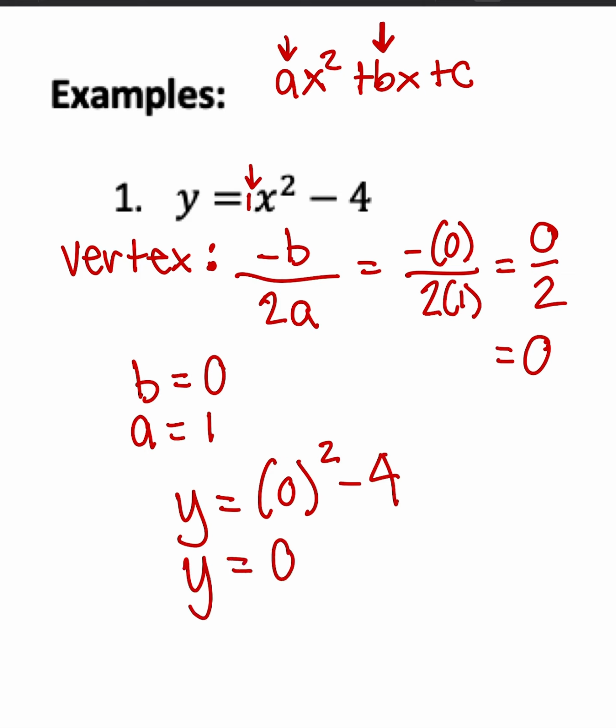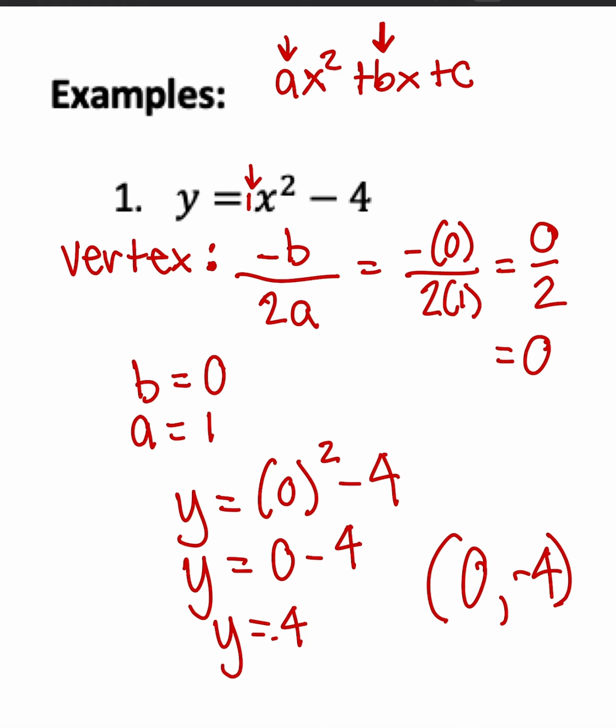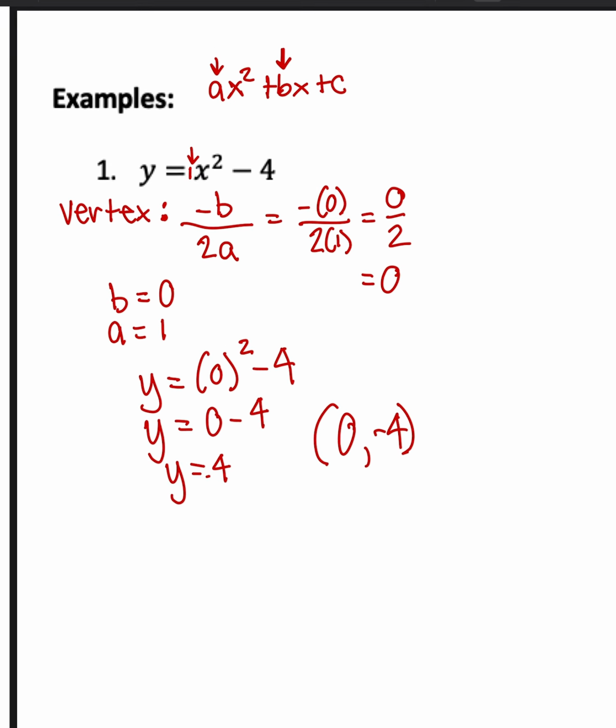And then we're just going to simplify, and 0 minus 4 gives me negative 4. So that's our y, and this is our x. So our ordered pair for our vertex would be 0 for our x value and negative 4 for our y value. So that's how we find the vertex if we're not given the graph.